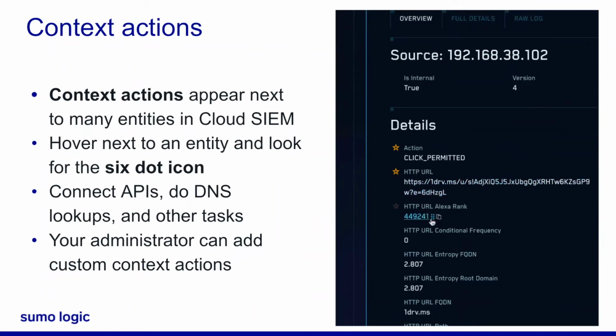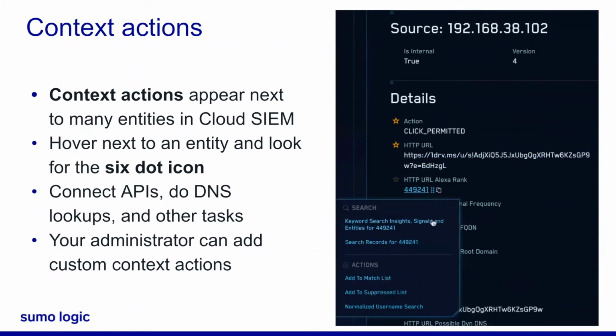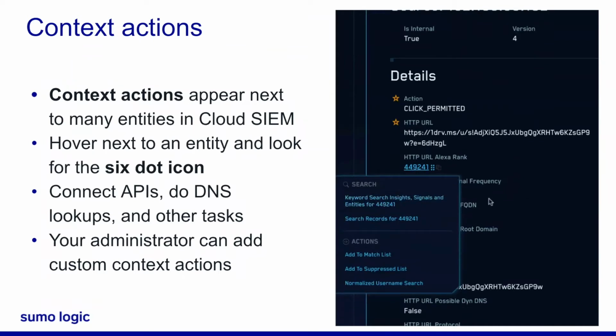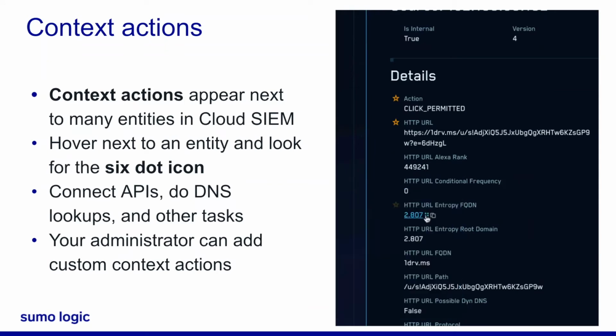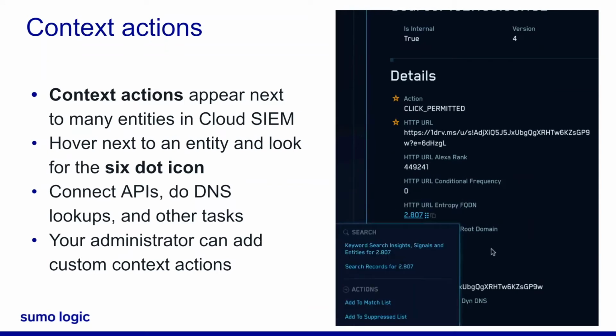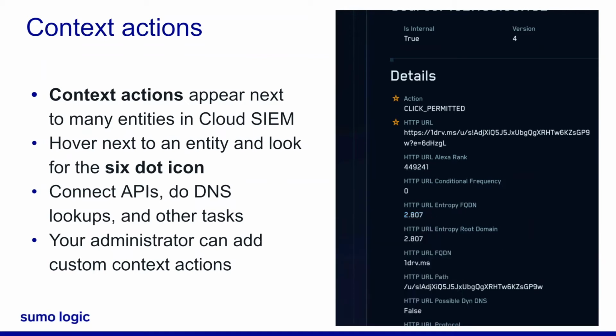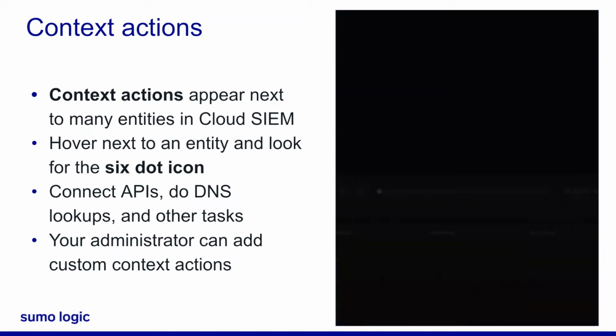So as you see there, there we go, the 6 dots, and there we see those options. You can use the context actions to identify the entity into an API call, do a DNS lookup, and other tasks. Your admin can even add additional custom context actions.